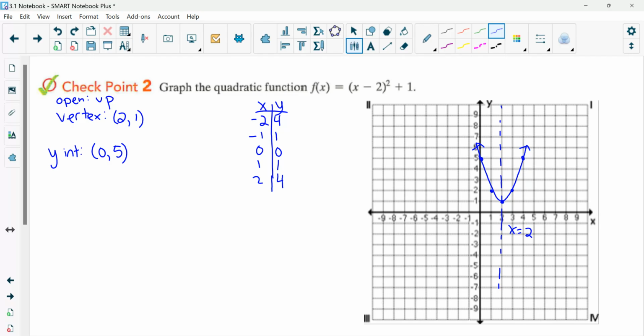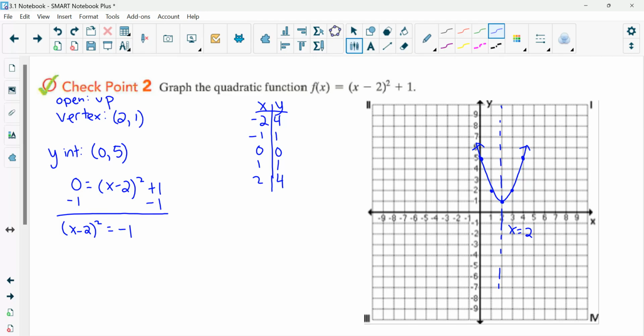So let's see why it wouldn't cross the x-axis, or why there's no x-intercepts. If I plug 0 in for the y, or 0 in for the f of x, we can solve and see why we're not getting any x-intercepts. So again, I'd be doing PEMDAS backwards, so I can subtract 1 here. That would give me (x minus 2) quantity squared equals negative 1.